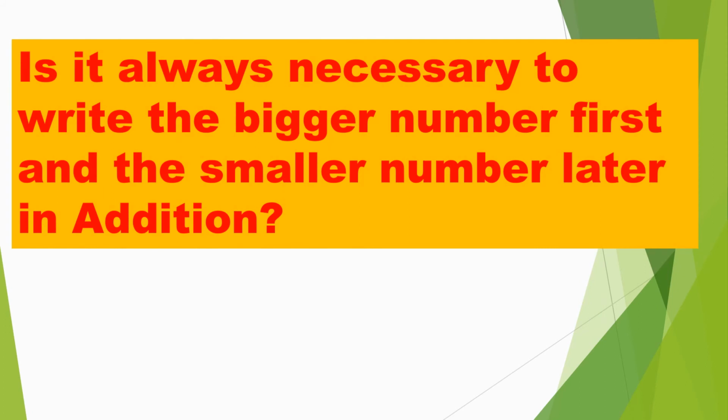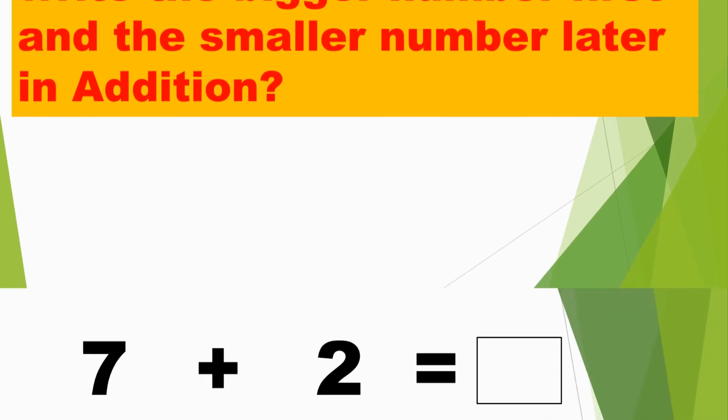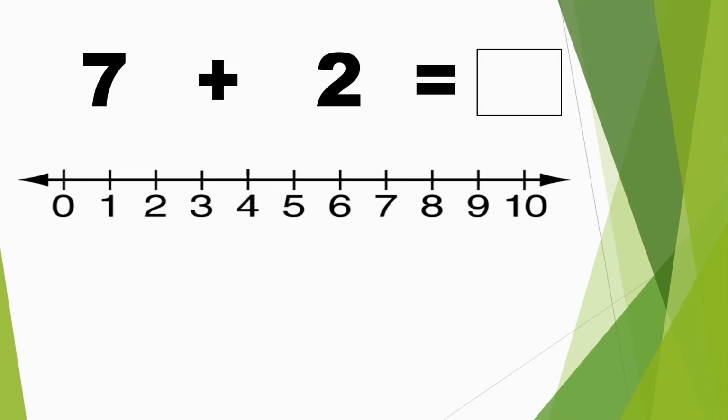Now you must have observed I always write the bigger number first in addition. But is it always necessary to write the bigger number first and the smaller number later while adding? Let's see what happens if we do it the other way. Now here I have to add 7 and 2.